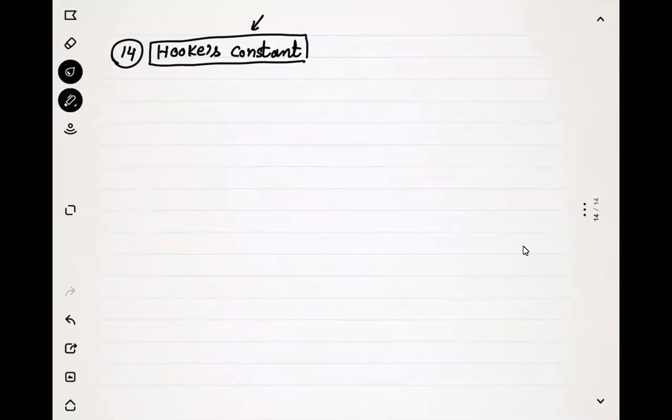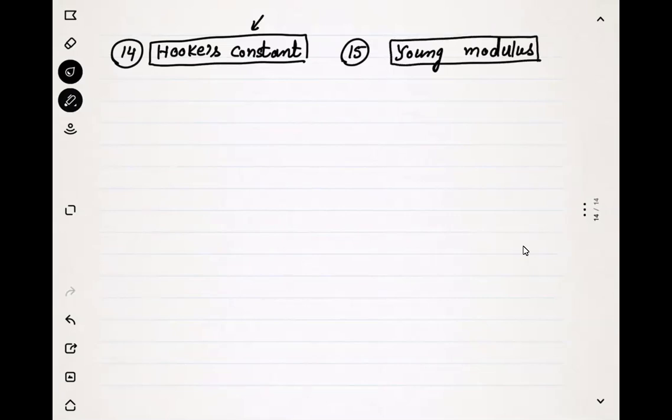So right now, I will try to explain the Hooke's constant and Young modulus in a very understandable way: what they are, what they represent, and all of that. They both represent the same thing, stiffness. And here I will say stiffness is difficulty in extending something.